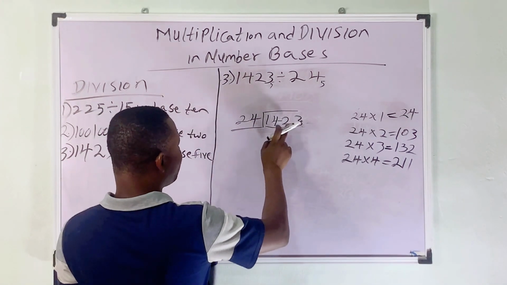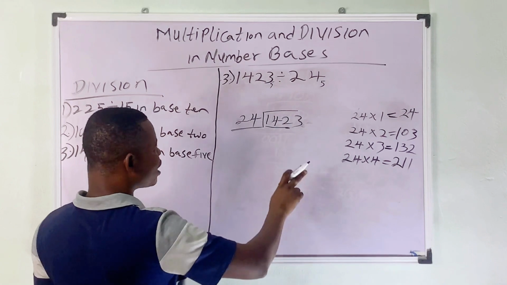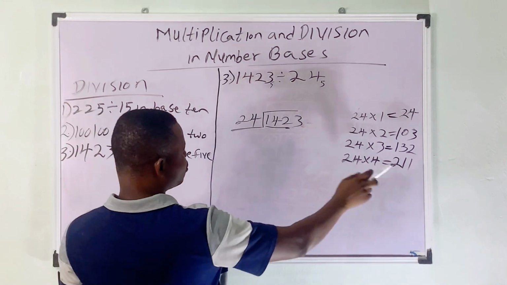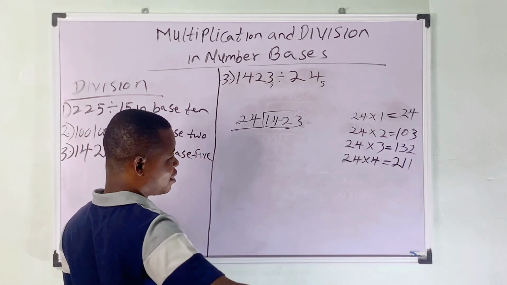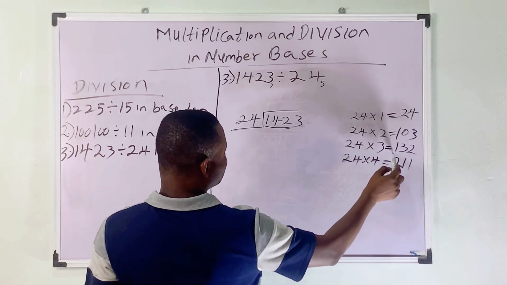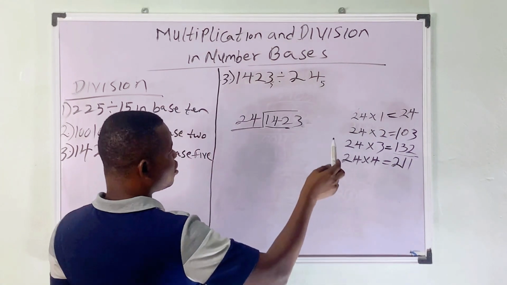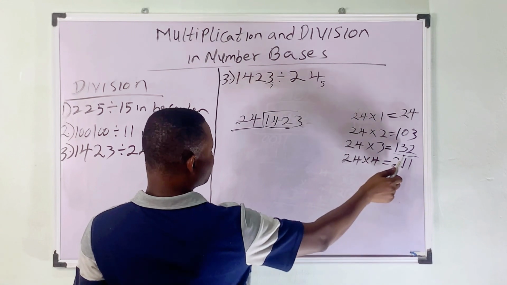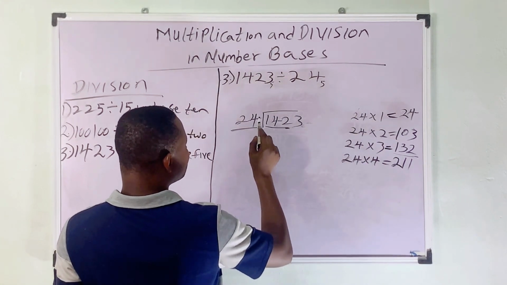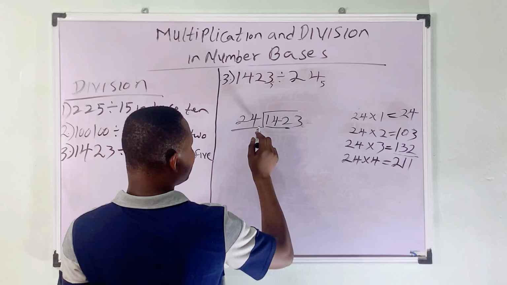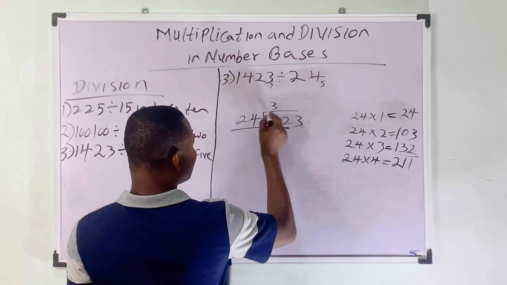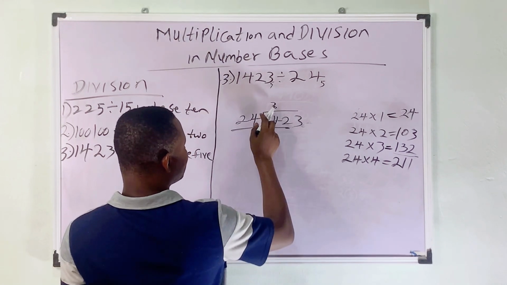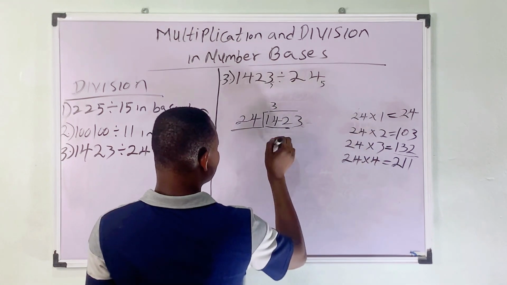Now 142 divided by 24. We look at the number that is closer to 142 and lesser. That is 132. So 24 times 3 gives us 132. That means 24 in 142 will be 3.